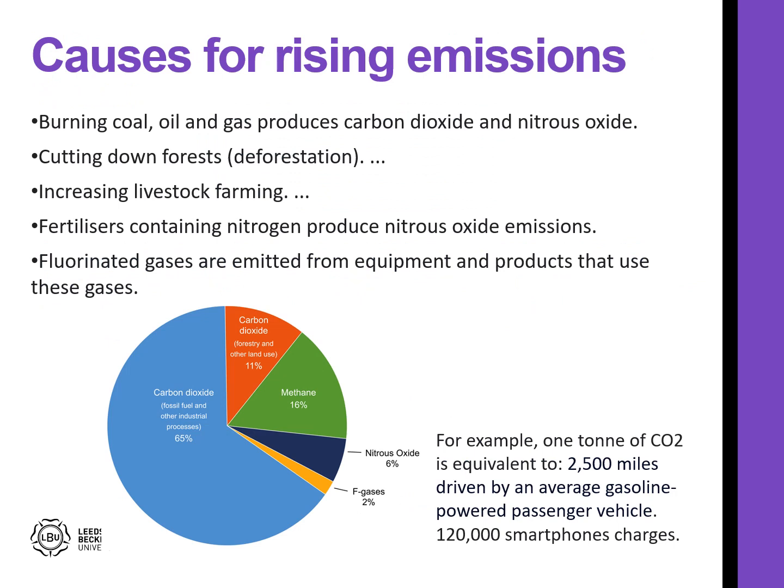So causes for rising emissions are the burning of coal, oil and gas products, which produce carbon dioxide and nitrous oxides. Obviously things like the cutting down of forests, deforestation, has a big impact on carbon footprint.